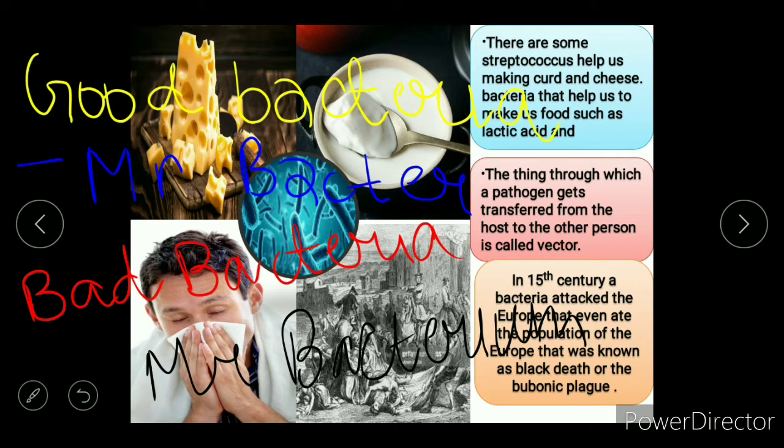So now we move to our second point. The thing through which a pathogen gets transferred from a host to another person is called a vector. So basically when a pathogen, that is a bacterium cell, gets transferred from one person to another, like we have seen that many people sneeze and the other person gets the same virus or bacteria.